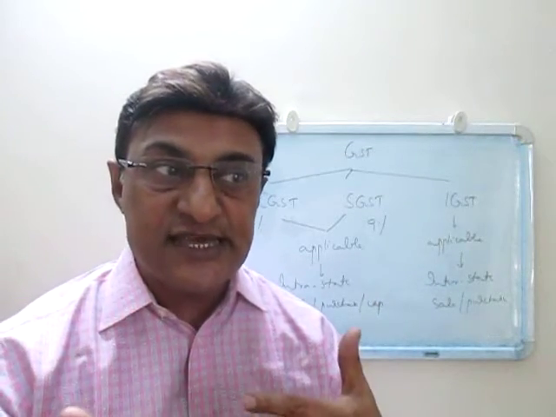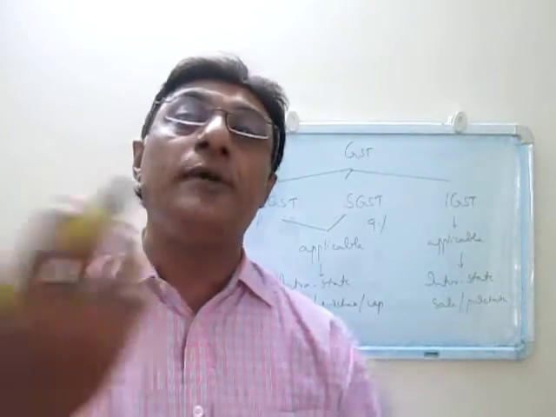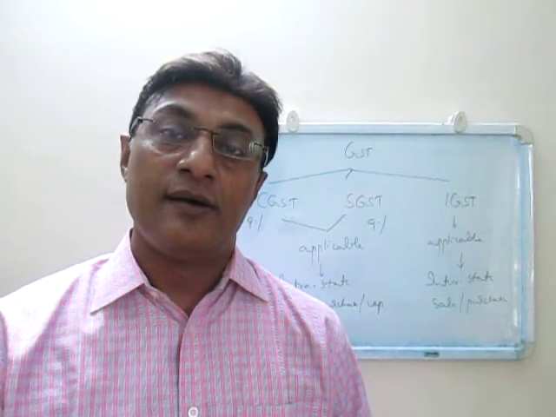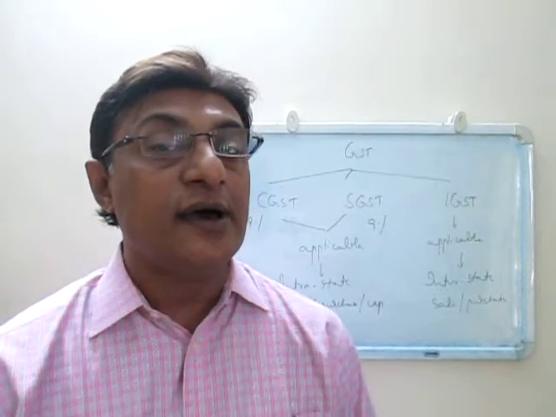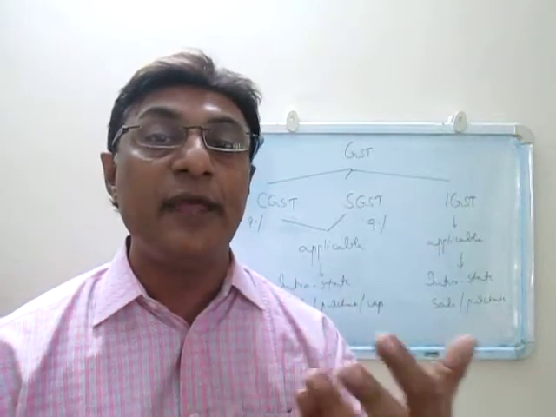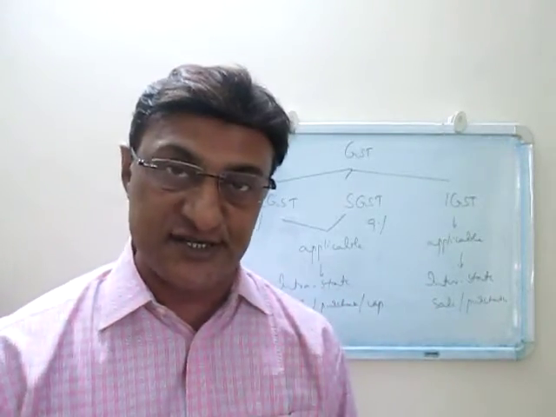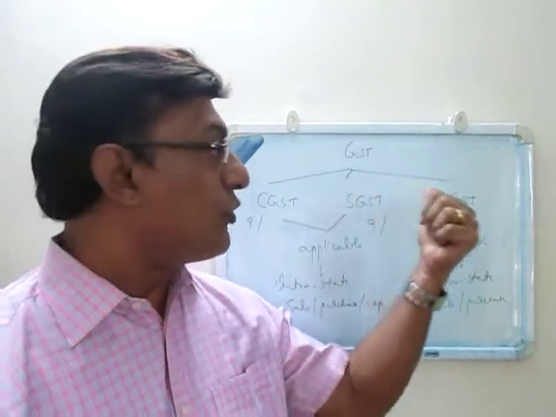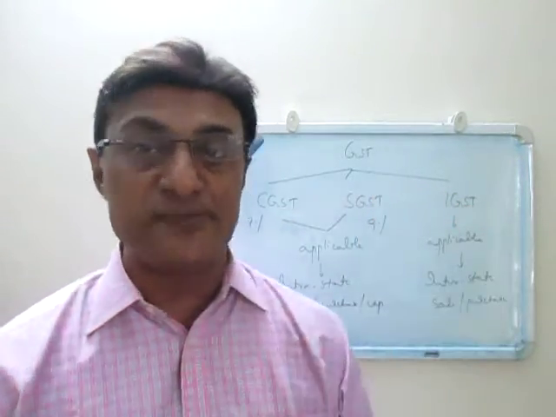And when the GST is collected on a sale, what would happen? It becomes a credit entry. It is collected and it becomes output GST, output CGST, output SGST, output IGST, as the case may be.